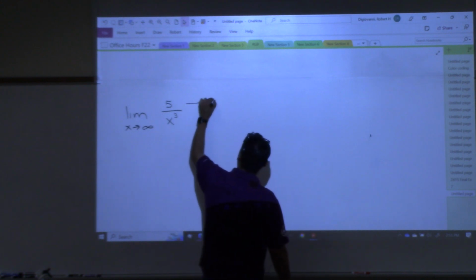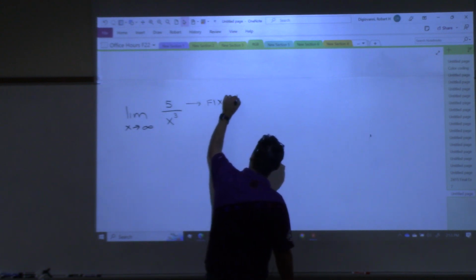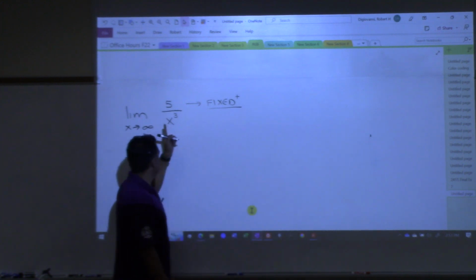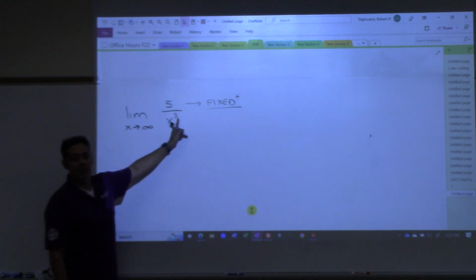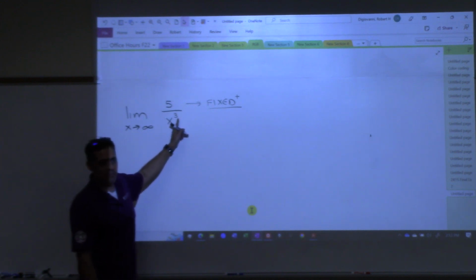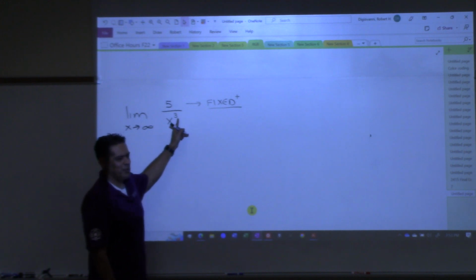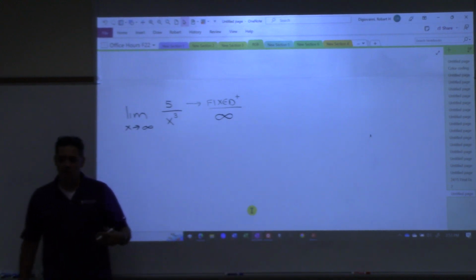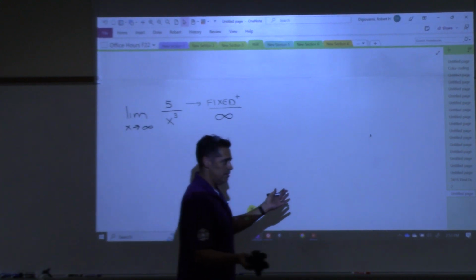It's a fixed positive number, right? Over, the bottom is headed to infinity. Infinity cubed. What do you think about infinity cubed? It's still infinitely big, right? It's a huge number, just even huger. Fixed over infinity goes to 0, you're done. There's nothing else to do.